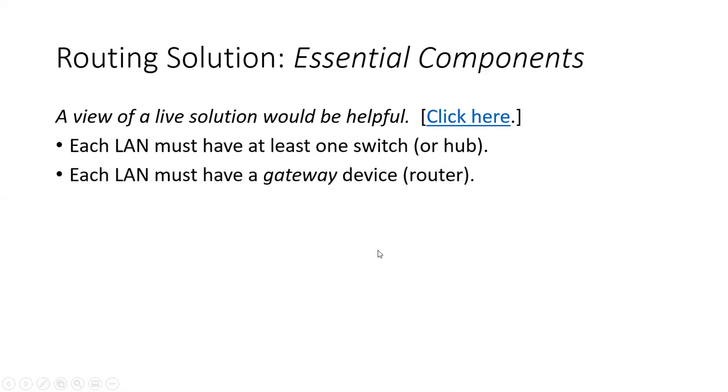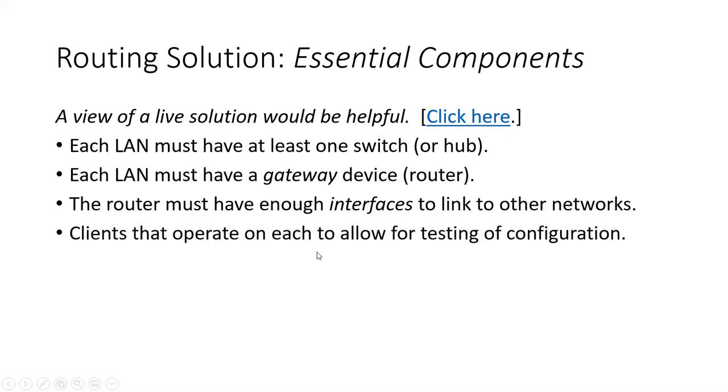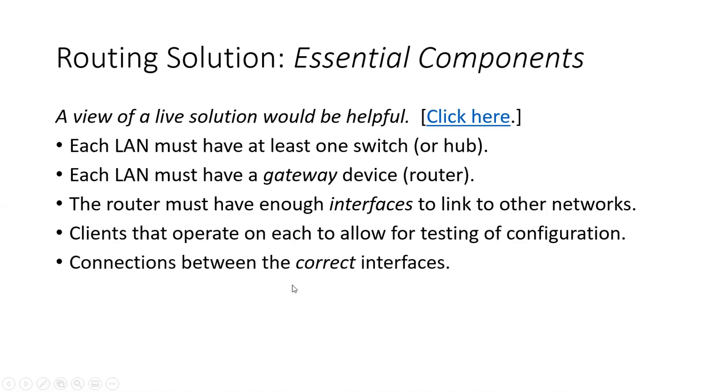You have to have a router or a gateway device for each network. The router has to have enough interfaces to link to the other networks. You have to have an active client so you can test for the configuration. And you have to have connections between the correct interfaces.